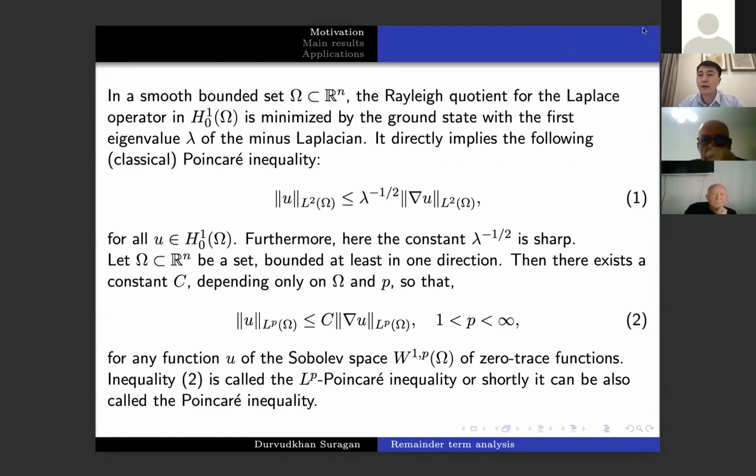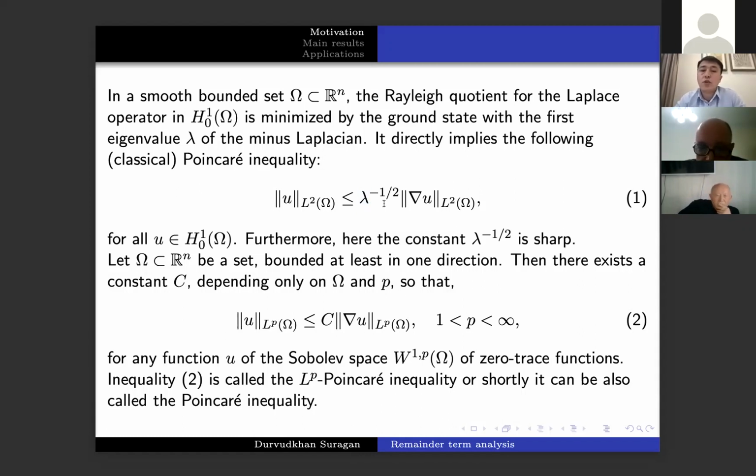So here we have the classical Poincare inequality, given by formula 1. This inequality is closely related to the Dirichlet-Laplacian. Here we have a sharp inequality, and the constant lambda is the first eigenvalue of the Dirichlet-Laplacian.